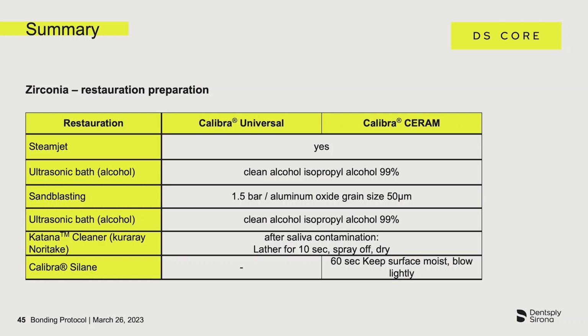The restoration is then cleaned again in an alcohol bath. Katana Cleaner can be used either additionally or after contamination of the restoration by saliva if it is not sandblasted again. So the removal of saliva proteins can be done by Katana Cleaner as well as by sandblasting.